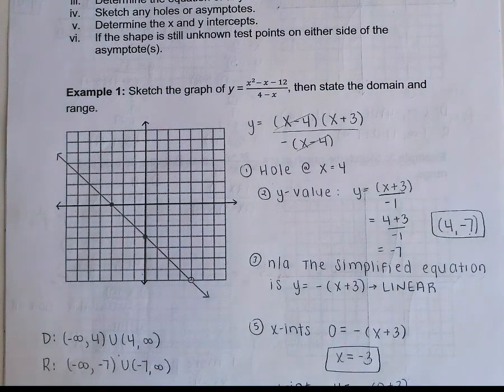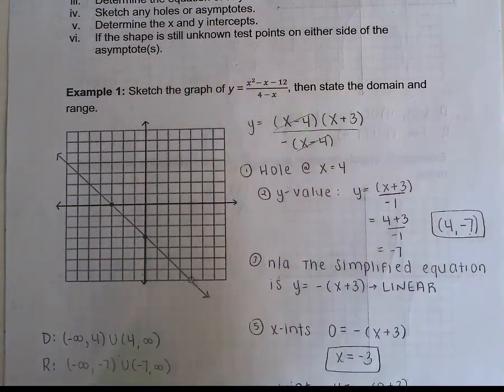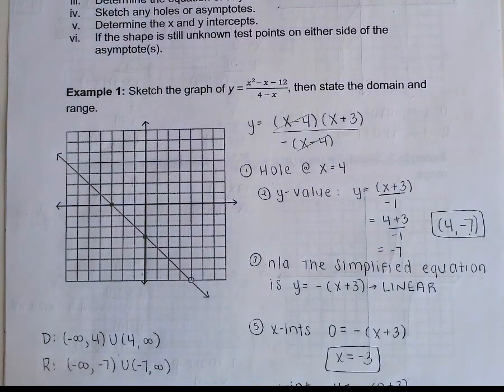That's not one of the criteria that was listed on our chart from the first unit, and the times that will happen for our purposes means that you're just ending up with a linear function. So in this case, we just have the linear function negative x plus 3 with a hole in it at (4, negative 7).